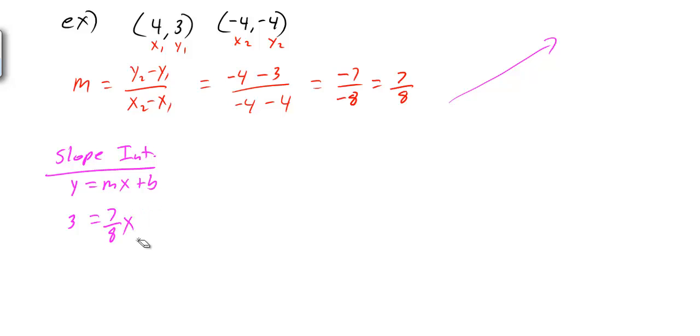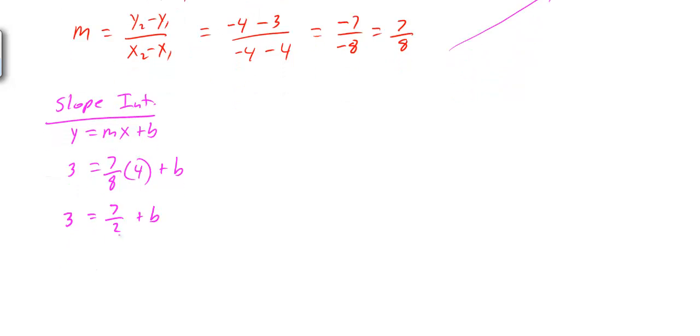X is 4, so that's 7/8 times 4 plus b. So then we would have 3 equals 7/8 times 4. So that's going to equal 7/2. Okay, plus b. And then we're going to subtract 7/2.